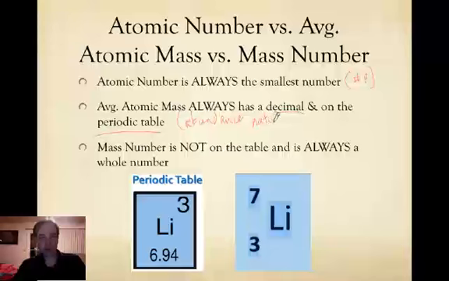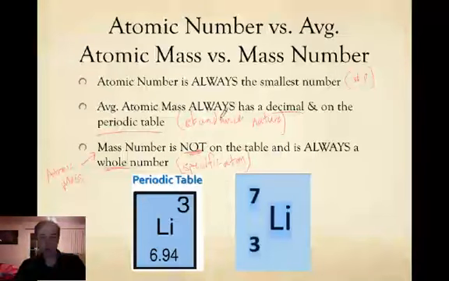The mass number, on the other hand, also known as the atomic mass, is not on the table, and it is always a whole number because it's specific to an atom. You're talking about a specific atom here, whereas here you're talking about the average of that element in nature.